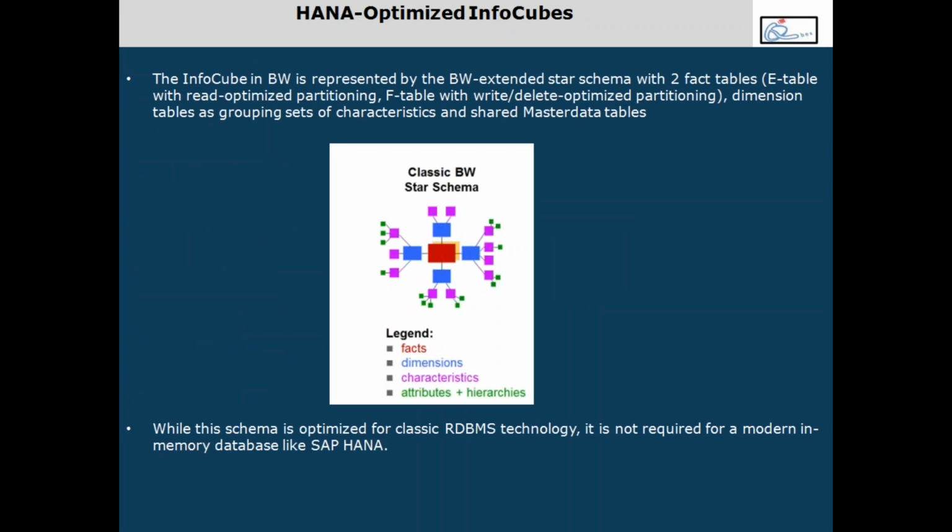If you remember the cube, you had F table and E table previously, and this fact table was connected to the dimension tables, and the dimension tables were connected to SID tables, and SID tables were connected to master data objects. So this was the old schema. So we had two fact tables, F and E table.